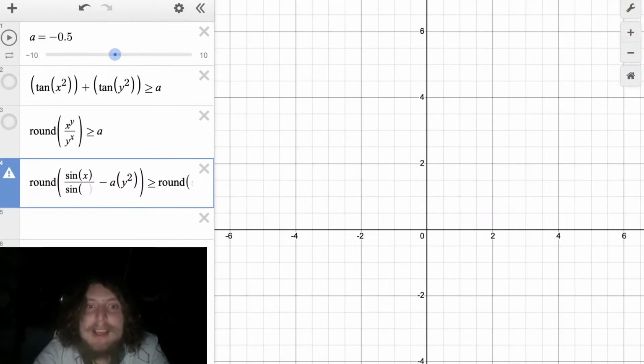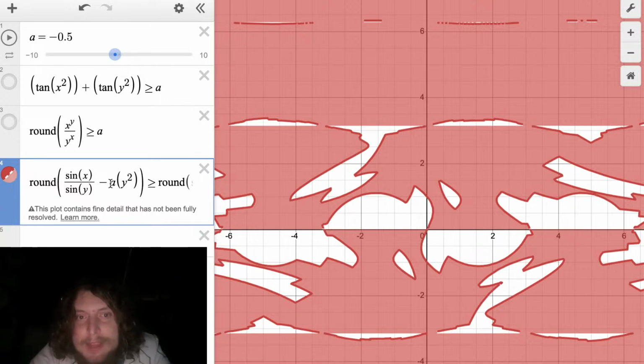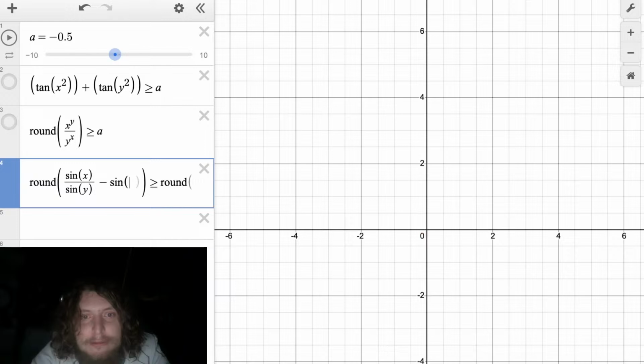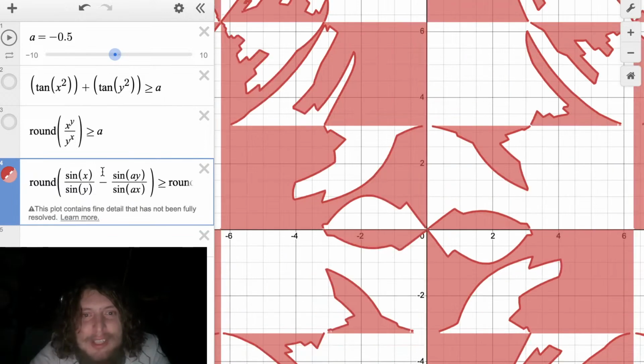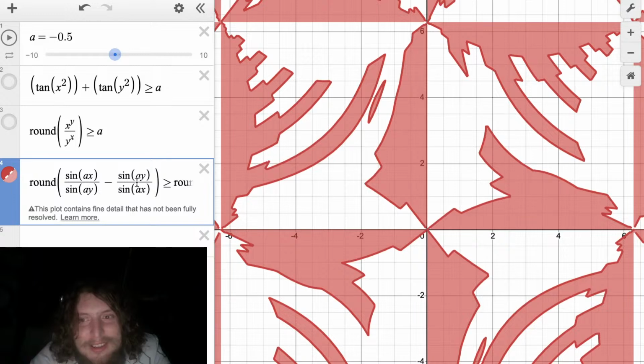One is going to be sine of x over sine of y. And we're going to subtract sine of a times y divided by sine of a times x. It's mostly the inverse of that, but I threw the a's in. So, well, maybe we should have the a's on the one that's not subtracting it.